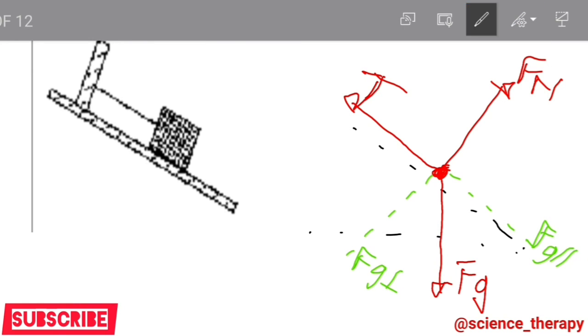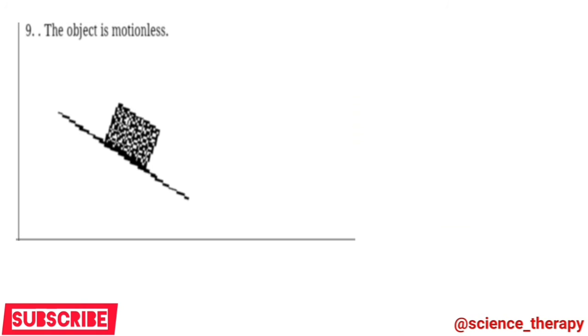Number 9, they say an object is motionless. So you can see that object is motionless, but then it is motionless on an inclined surface. Now we do understand that if we place an object on an incline, we expect it to slide down on its own to the ground. But then the reason this is not happening here is that we have a rough surface.